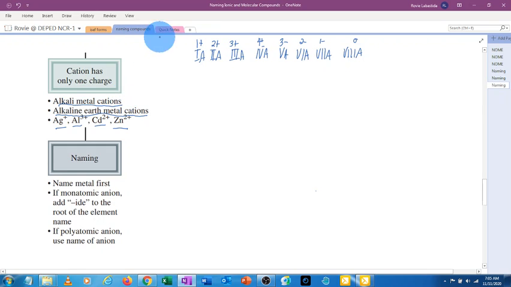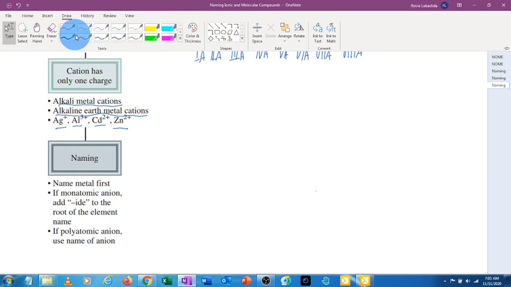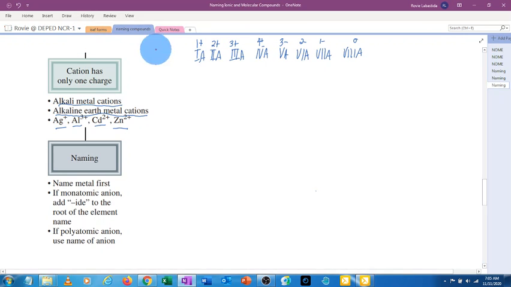Now, again, remember. Okay, let me just emphasize this one. If the metal can be found in group 1A, the possible charge is only 1 positive. And if the metal can be found in group 2A, the possible charge is only 2 positive.